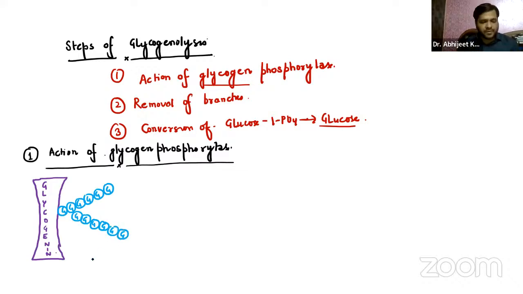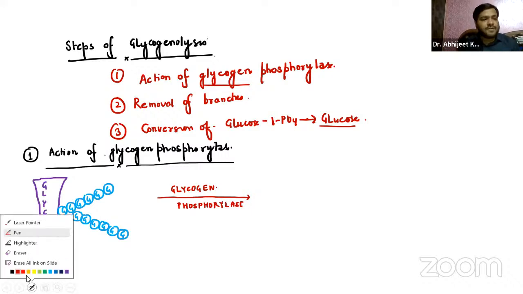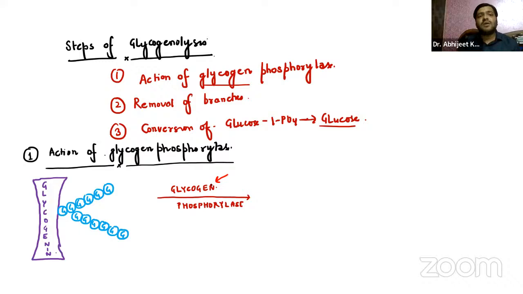Now, what will happen? There is an enzyme present over here, that is glycogen phosphorylase. First very important thing that is being asked: what is the rate limiting enzyme in glycogenolysis?